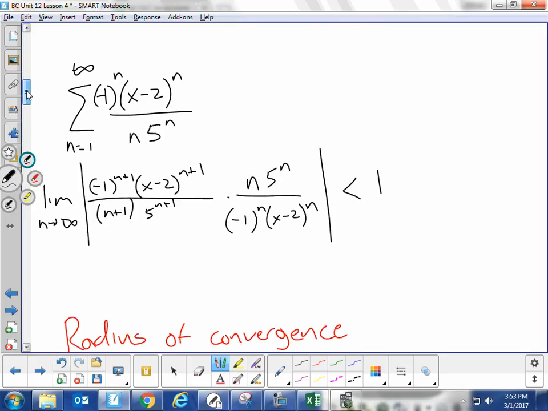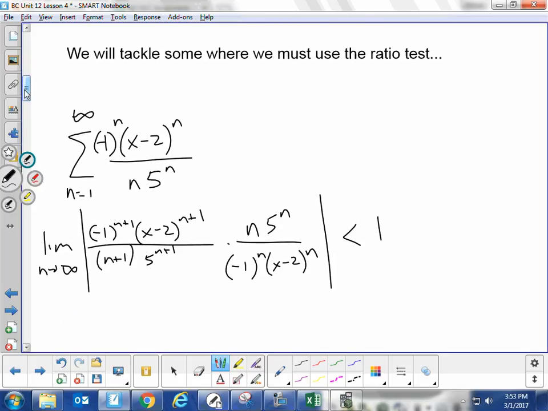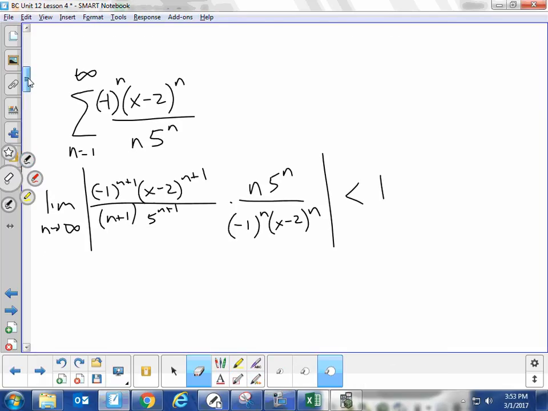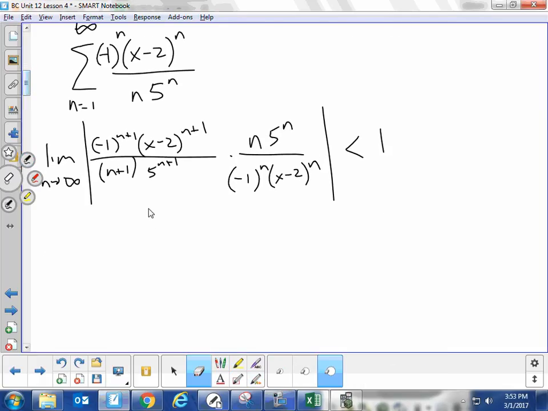So let's see what we have. All right, well, I have it all in terms of a to the n plus 1 divided by a to the n. Let's go ahead and move stuff around. We will get rid of the negative 1s and get rid well, let's just hold on to the absolute value.